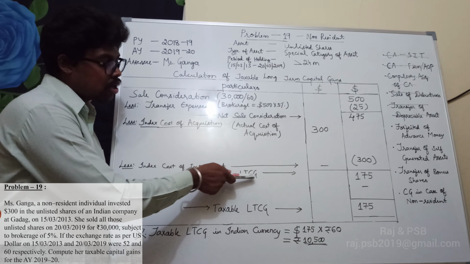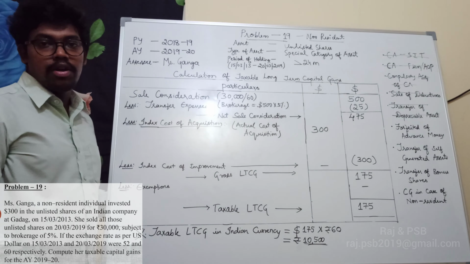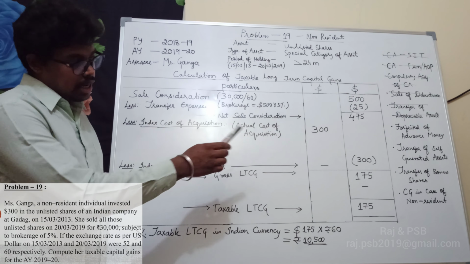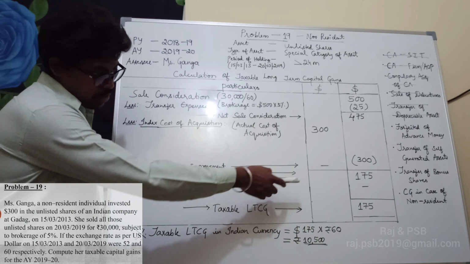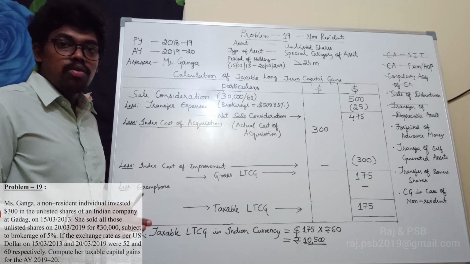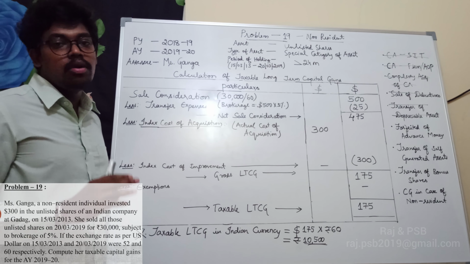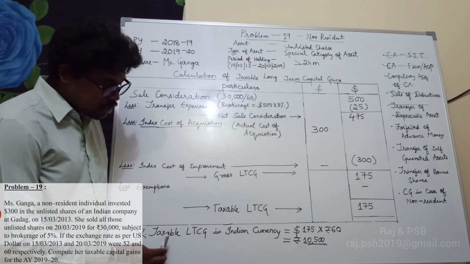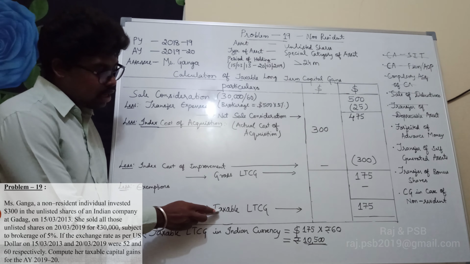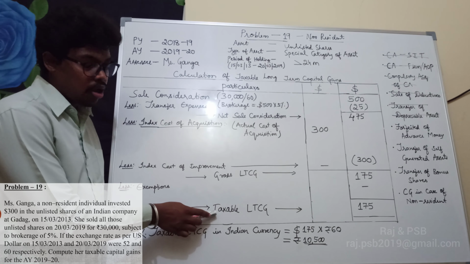The gross long term capital gain will be $175 and exemption, there is no exemption, so nil. And the taxable long term capital gain will be $175 and now we have to convert it into Indian rupees. So taxable long term capital gain in Indian currency, this is in foreign currency or in dollars.